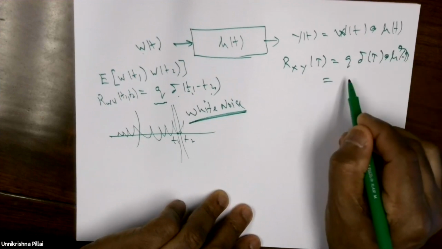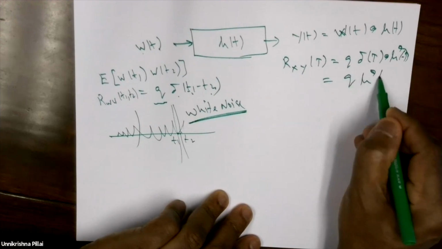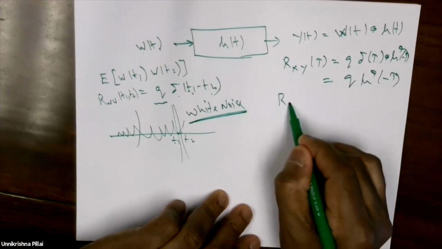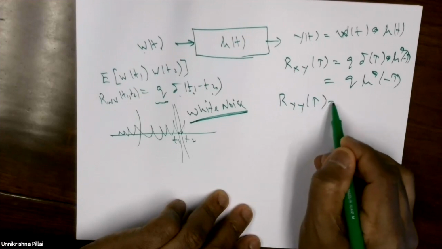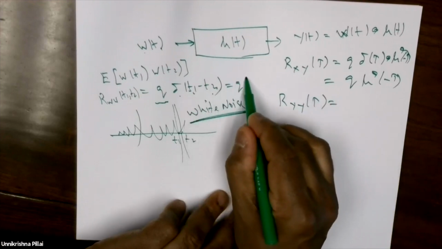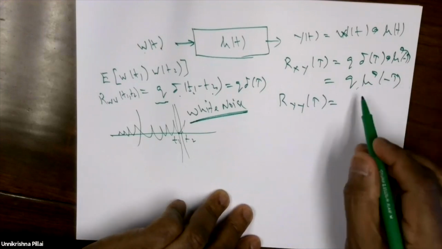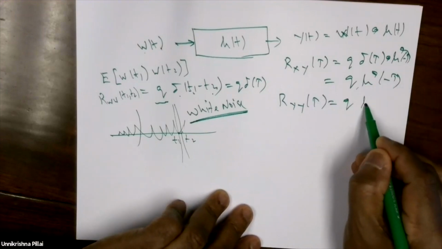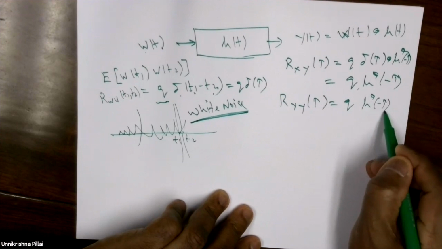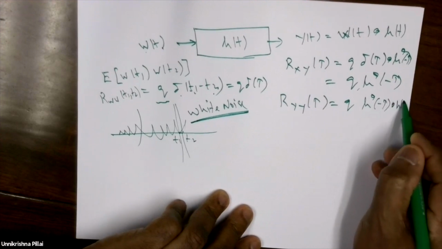That's simply q times h star of minus tau. And Ryy of tau, because this is wide-sense stationary, will be this convolved with h of tau, so q multiplied by h star of minus tau convolved with h of tau.